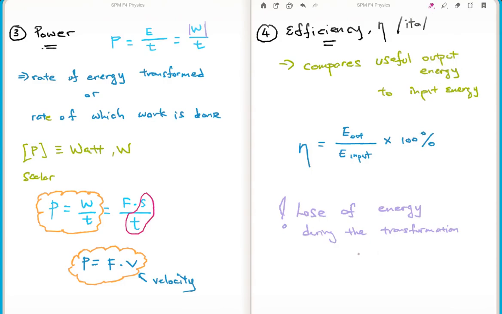Say you have a motor. Input power, electric power, gives you rotational speed, which transforms to output power, isn't it? Then you compare the output to the input times 100%. Then you know the efficiency of your system.